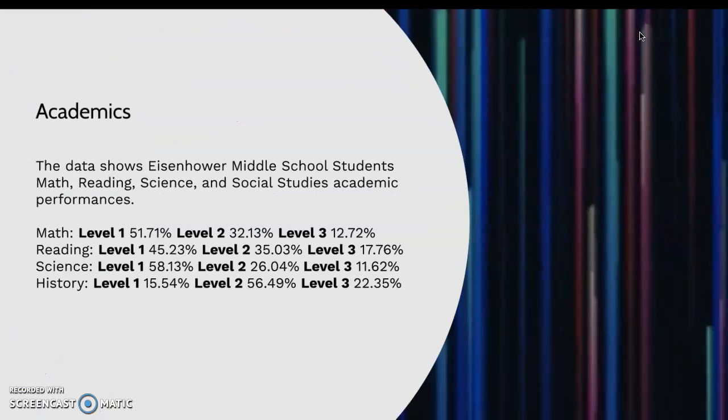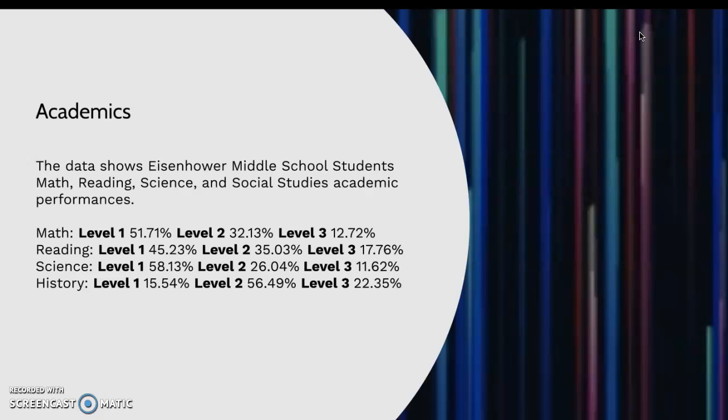Academics at Eisenhower Middle School: we have our math, reading, science, and history scores, which range from level 1 to level 3. The scores are based around the same percentage, except for history. History makes up level 1 at 15.54%.